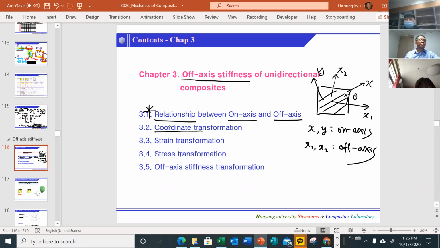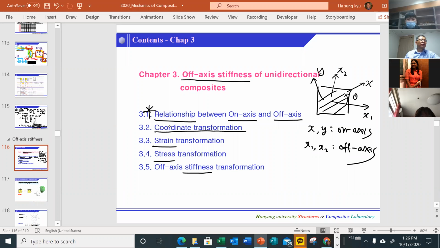Now, coordinate transformation, strain transformation, stress transformation, and stiffness transformation. You need to understand coordinate transformation and strain and stress transformation on and off axis. We will go step by step.